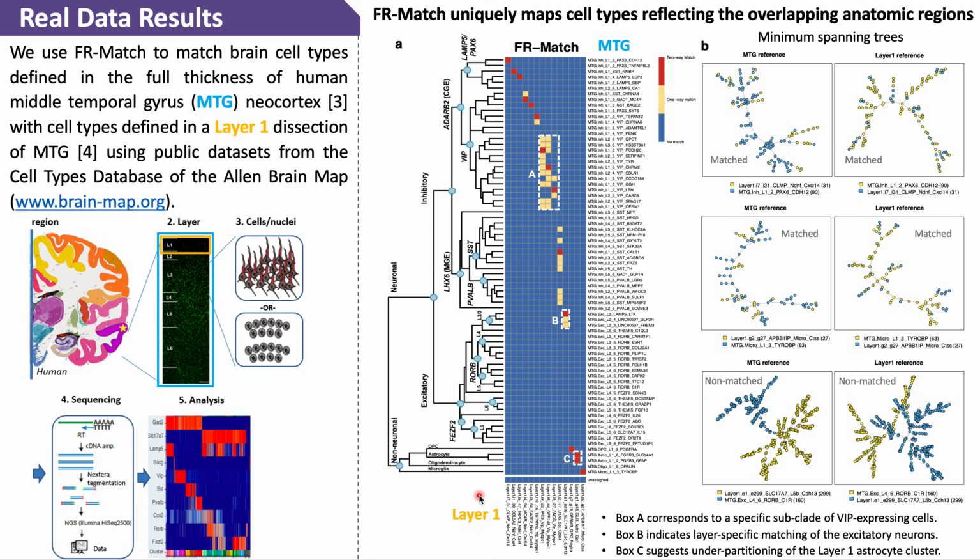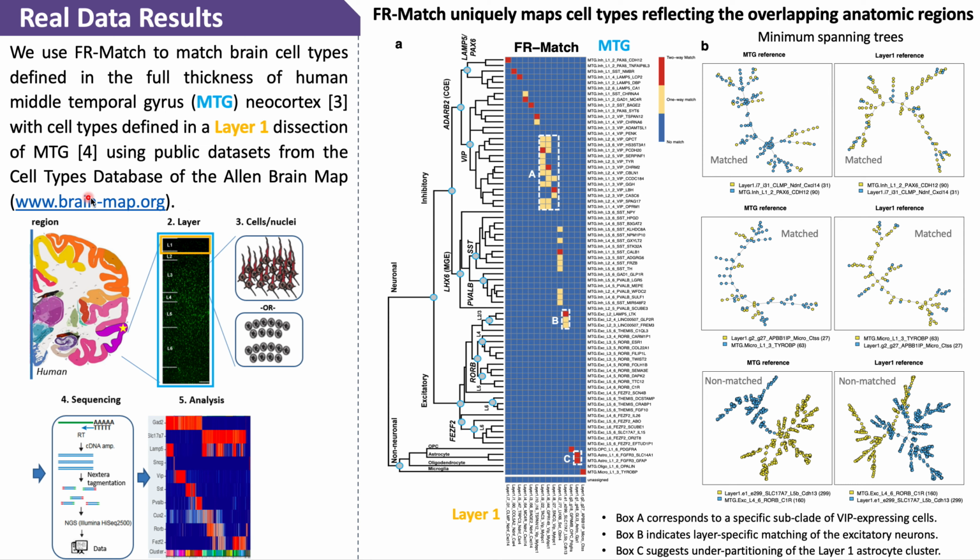With real data, we use FRMatch to match brain cell types defined in the full thickness of the human middle temporal gyrus neocortex, short for MTG region, with cell types defined in a layer 1 dissection of MTG using single nucleus RNA-seq datasets from the cell types database of the Allen Brain Map, which is publicly available.